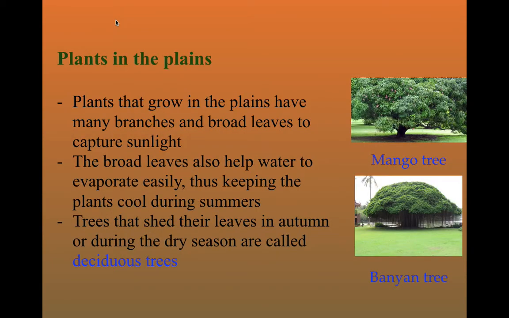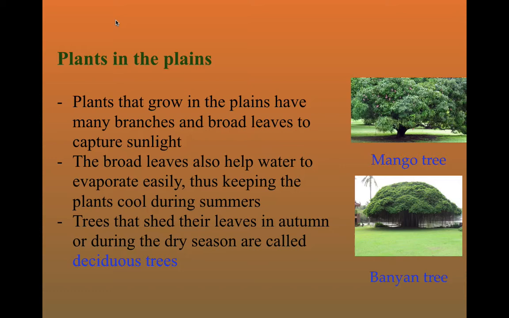Coming to the next set of terrestrial plants, that are plants in the plains. Plants that grow in the plains have many branches and broad leaves to capture sunlight. The broad leaves also help water to evaporate easily, thus keeping the plants cool during summers.